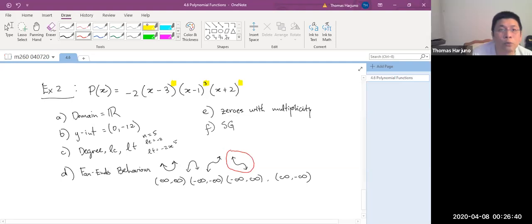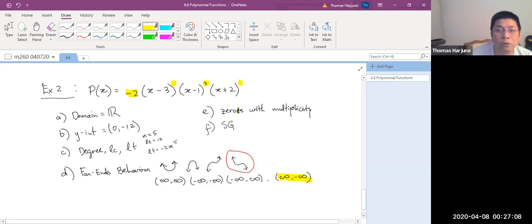Yeah, so it's like -2 times x cubed times x. Okay, so the far end behavior will be positive infinity to negative infinity. In other words, later on when we sketch the graph, on the far left it will be positive sign, and the far right will be negative sign.